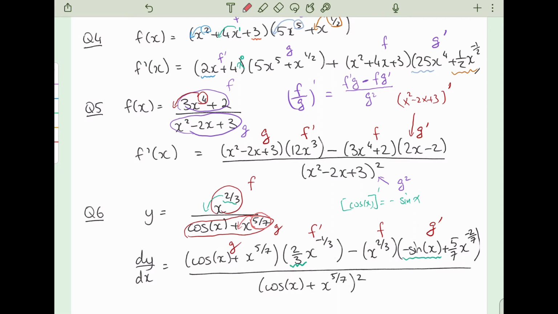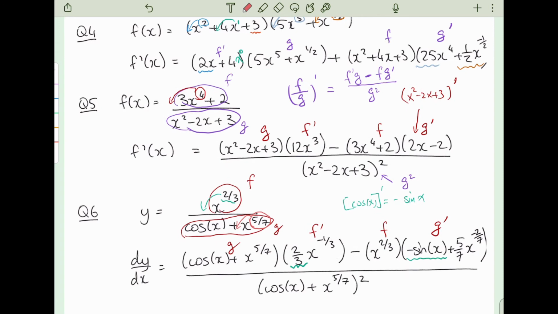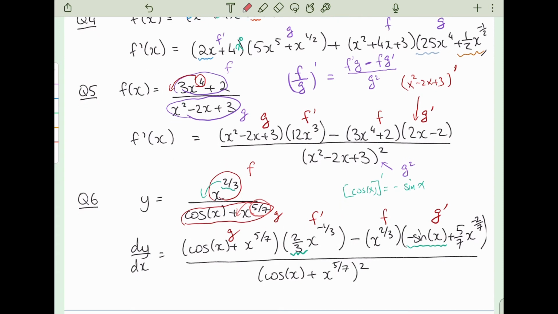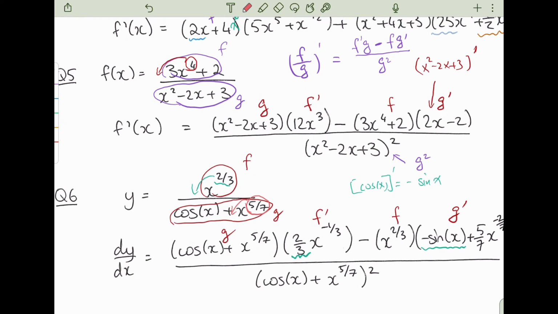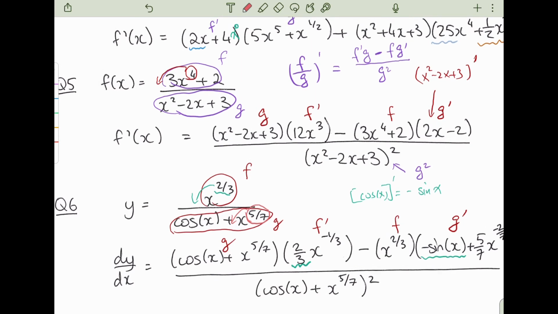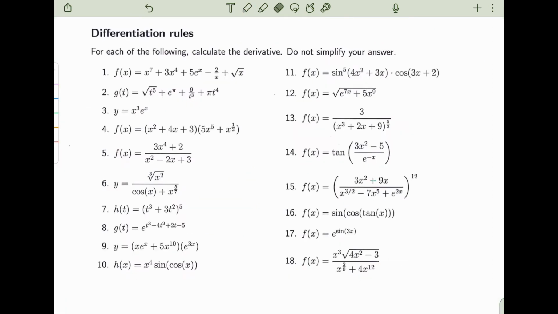That is negative 2 divided by 7. Okay? And for the denominator, just the square of the function g. And that is already the final answer. We don't have to simplify anything, just leave it like that. So that is our question 6. Very straightforward, just by applying the quotient rule. Let's talk about the chain rule, starting from question 7.